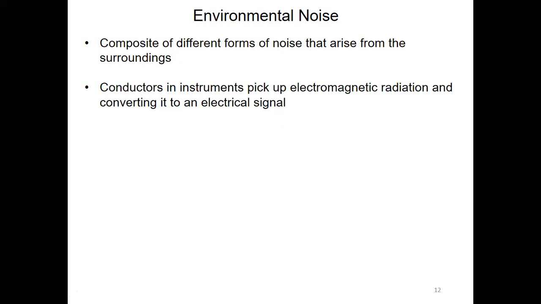Because of these changes, voltage fluctuations and current fluctuations will happen, and there will be an electrical signal. That electrical signal, which is due to the environmental change, will appear in the readout device as noise. So this we call environmental noise.